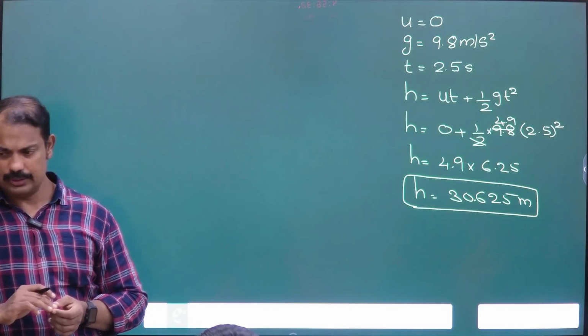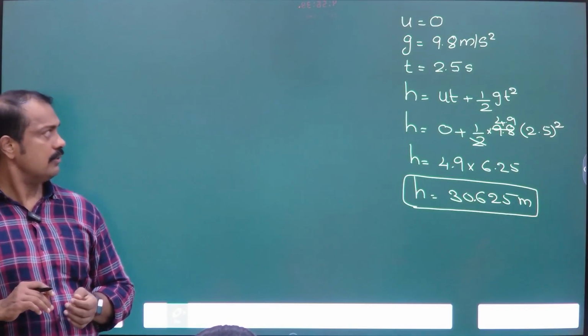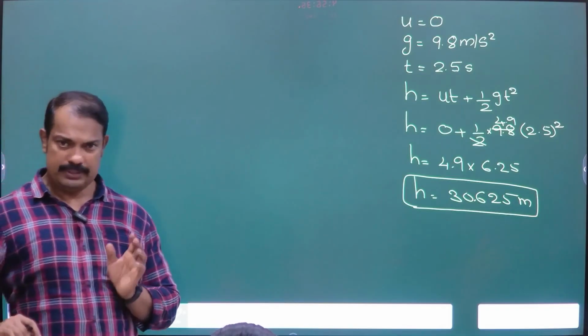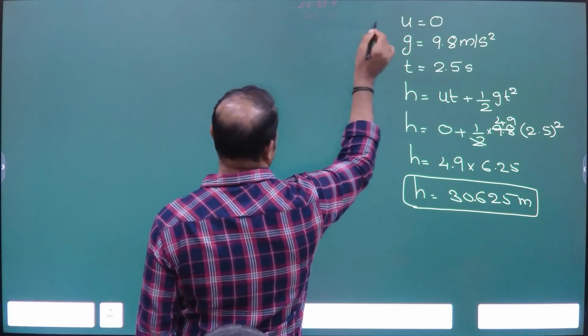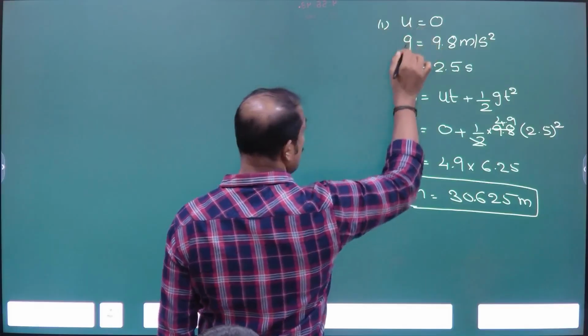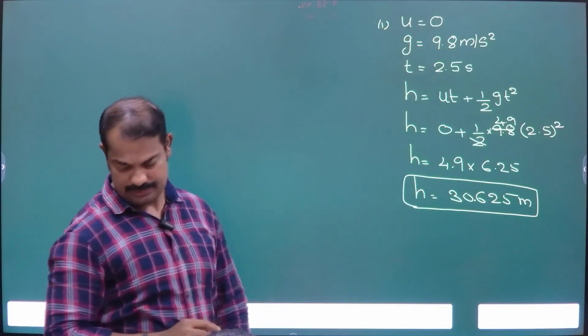Calculation के आंसर करो, 30.625 meter. So first question clear, method clear. Upward or downward, check that, is very important. According to that we can write on U V G. Okay, next question.